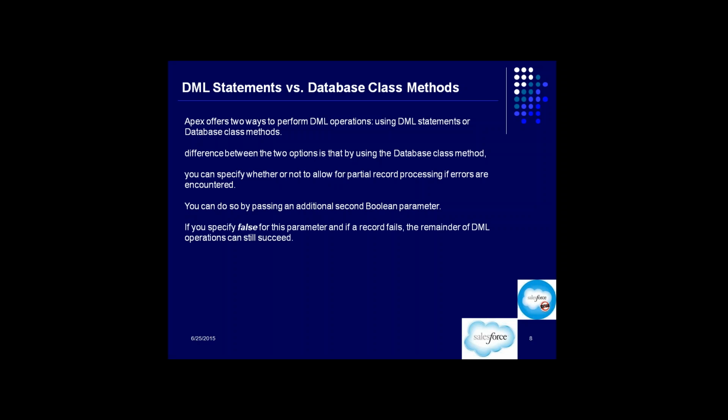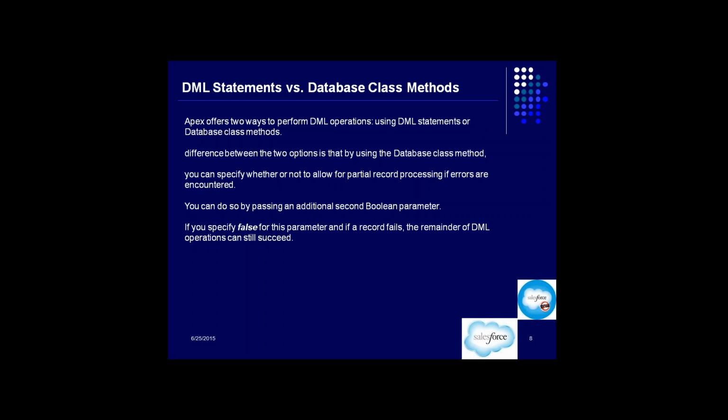If you specify false for this parameter, and if a record fails, the remainder of the DML operation can still succeed. Got it? So there is a Boolean parameter for this database class method where you can specify true or false. If you specify false, the remainder of the records can still be processed even if one or two records have errors.